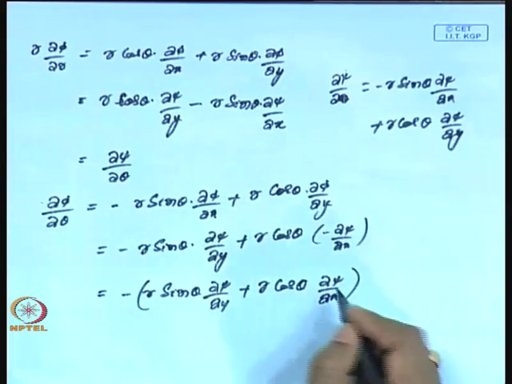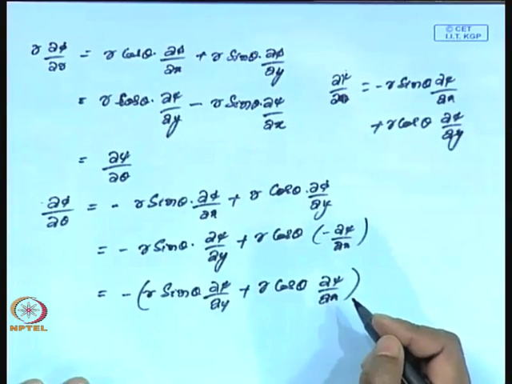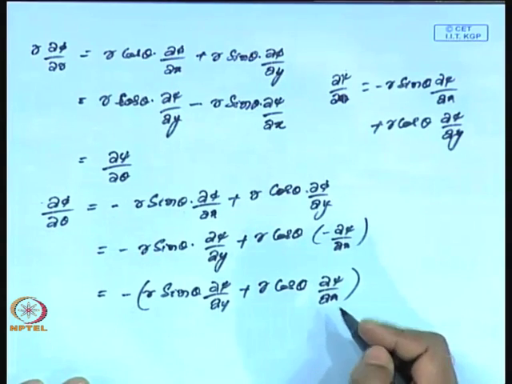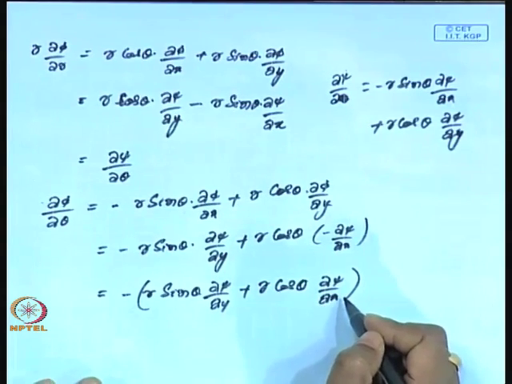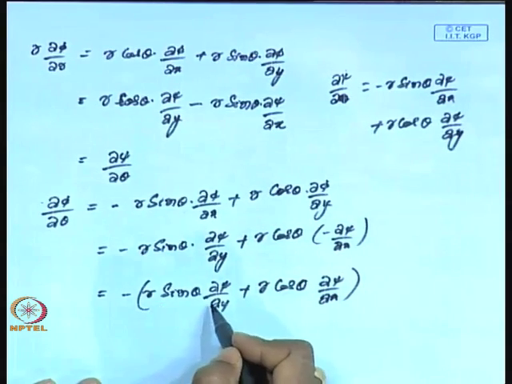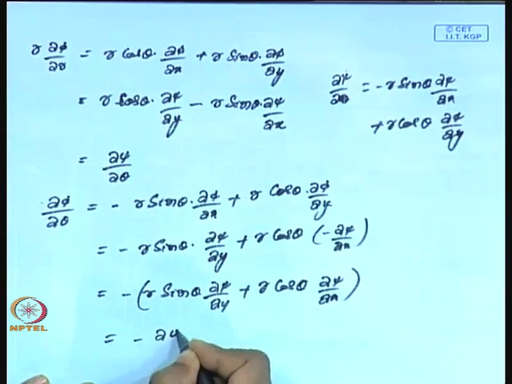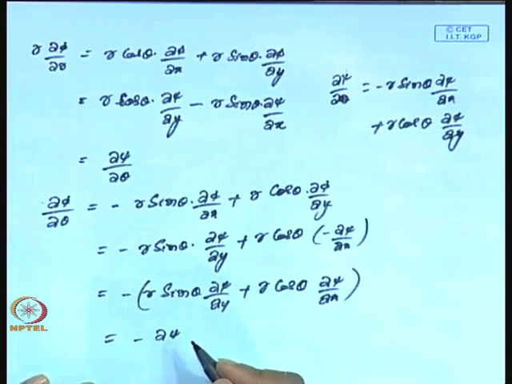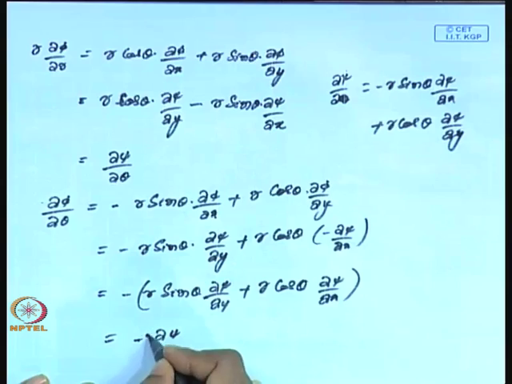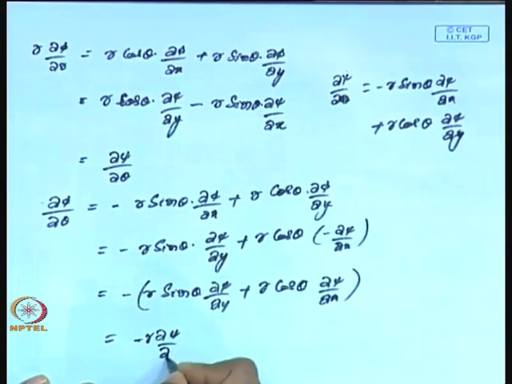And if I go back, r cos theta del psi by del x plus r sin theta del psi by del y is nothing but minus del psi by del theta, minus r del psi by del r.